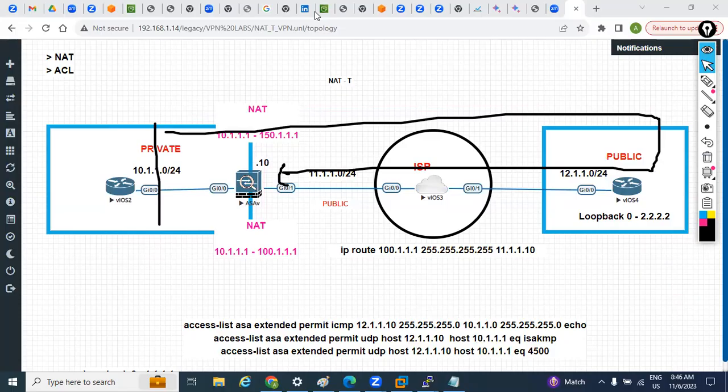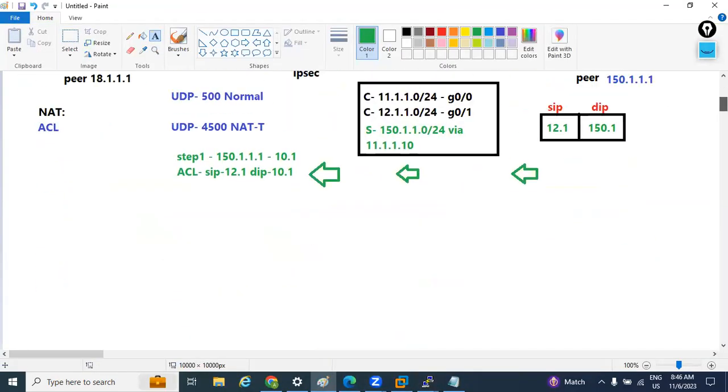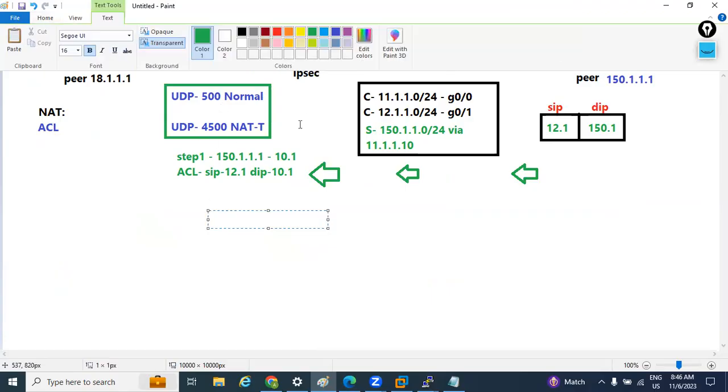Okay. Now, we have to allow 2 kinds of ISAKMP here. What is the reason for that? Till now we have just heard about 1 only. But as I have mentioned, for ISAKMP there would be 2 port numbers. One is 500 and second is 4500. Because for the first 4 packets, the UDP port number would be 500.